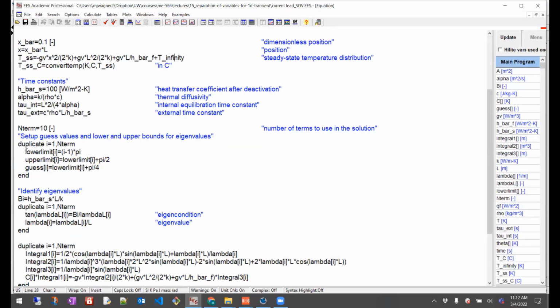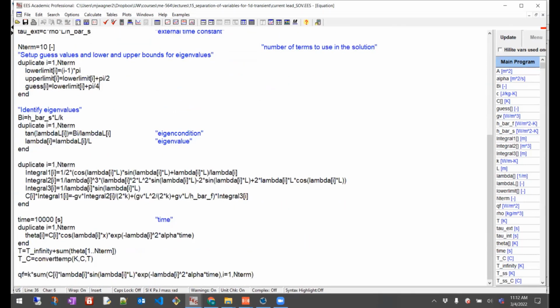We've got our guesses here, and then the eigenvalue solution here, right? And then now we're duplicating, but we have three integrals for this particular problem that we're implementing. So for each of the lambda i's, we have this integral solution, and then this is the equation that we use to get the constants from that. That's our boundary condition. And then here's our full solution implemented down here.